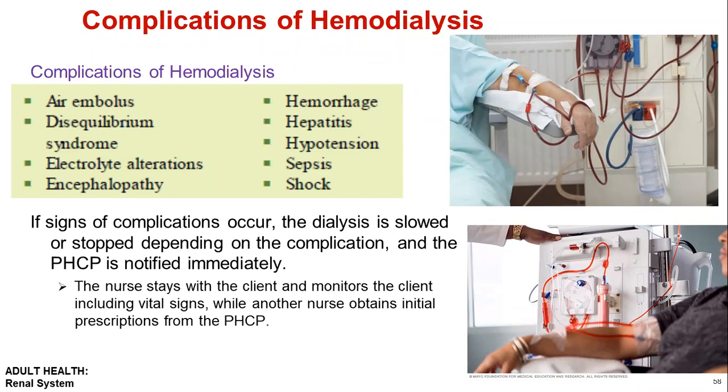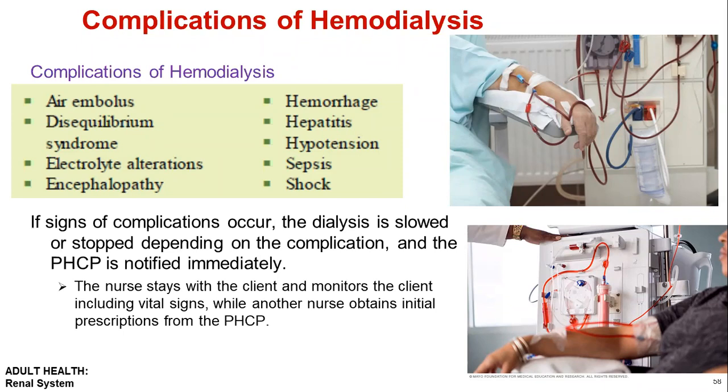Let me recap it. The complication, disequilibrium syndrome, occurs shortly after beginning the hemodialysis or peritoneal dialysis, caused by rapid correction of metabolic abnormalities.